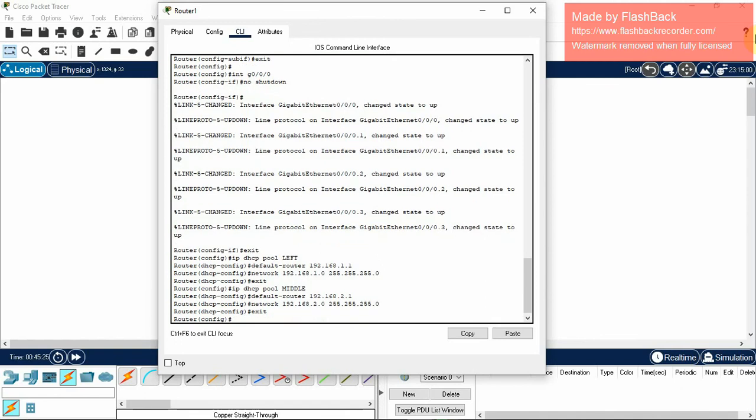Now we go to the next VLAN, which was at the far right.